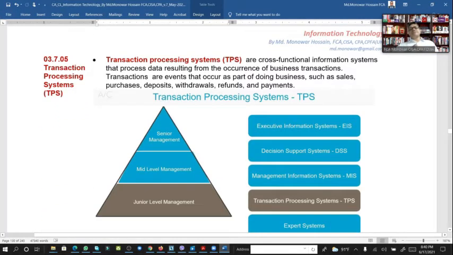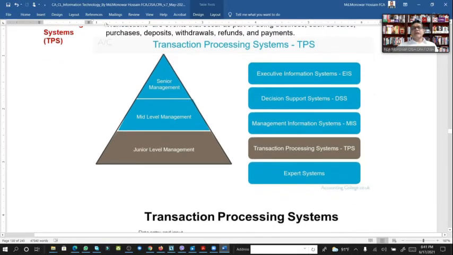Transaction processing systems, TPS, are cross-functional information systems that process data resulting from the occurrence of business transactions and transactional events that occur as part of doing business, such as sale, purchase, deposit, withdraw, refund, payment, etc. This is the transaction of a business.